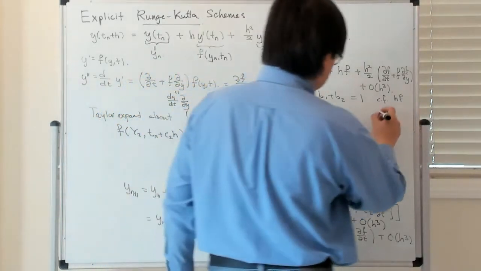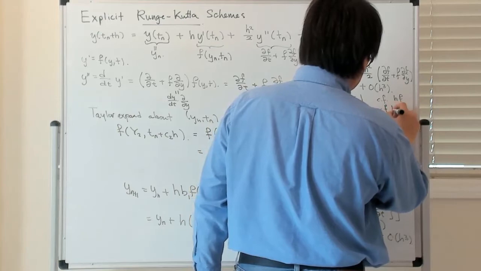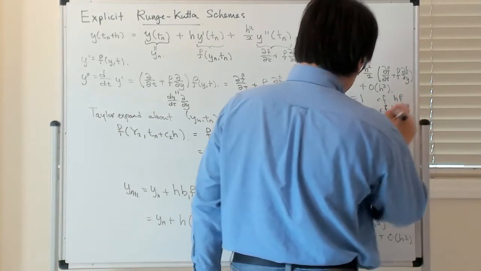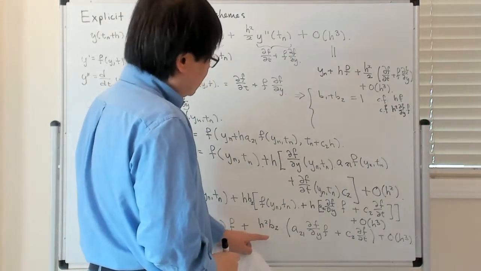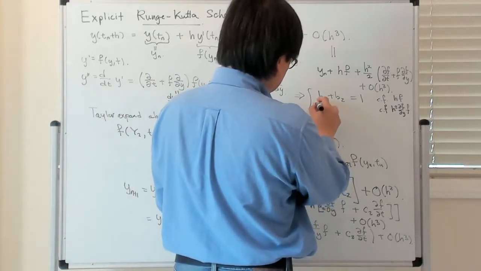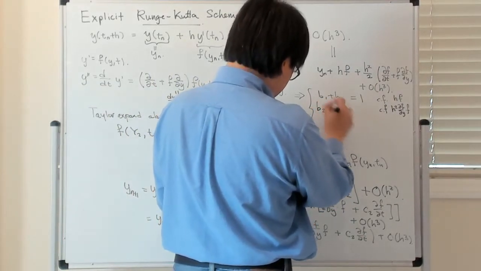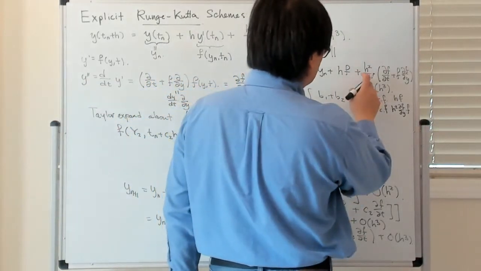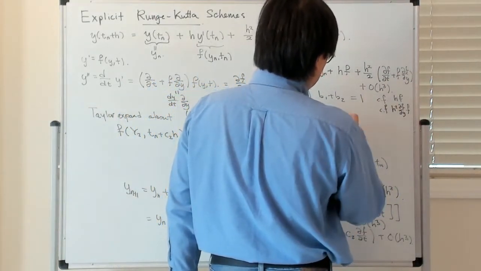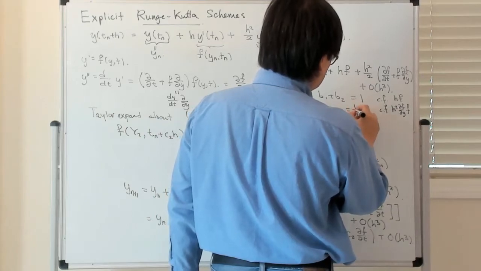On the numerical method, it has a b2 a21 coefficient, and from the Taylor expansion, we see that it has a 1/2 coefficient.